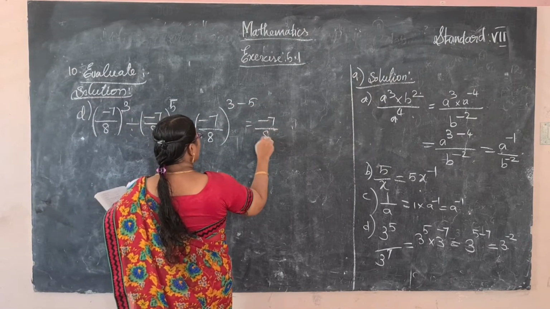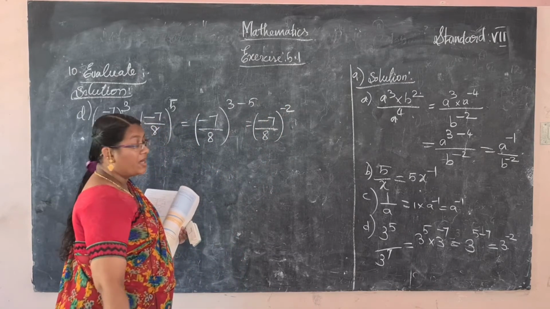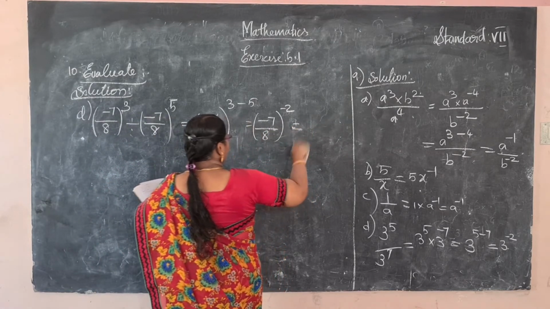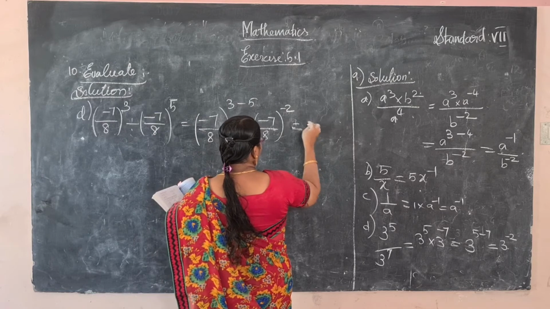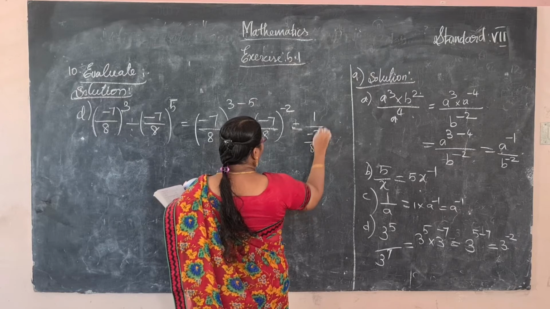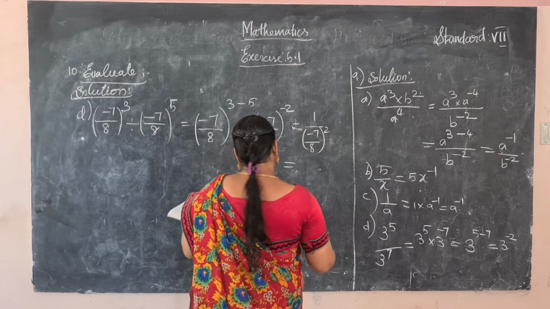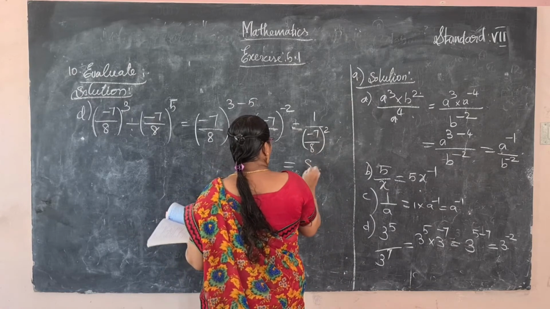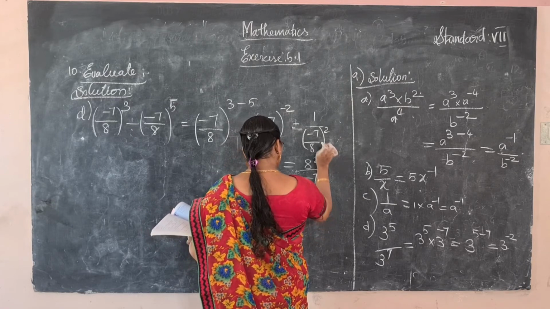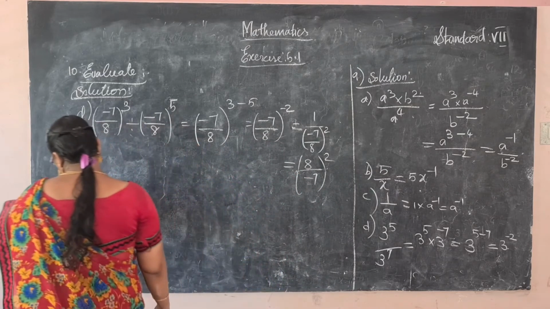Minus 7 by 8 the whole power minus 2. Is it? 3 minus 5 is minus 2. Now write in the evaluated form. Write in the reciprocal. So we get 1 by minus 7 by 8 the whole power 2. It can be written as 8 squared by minus 7 the whole squared, or commonly written like this. That's it.